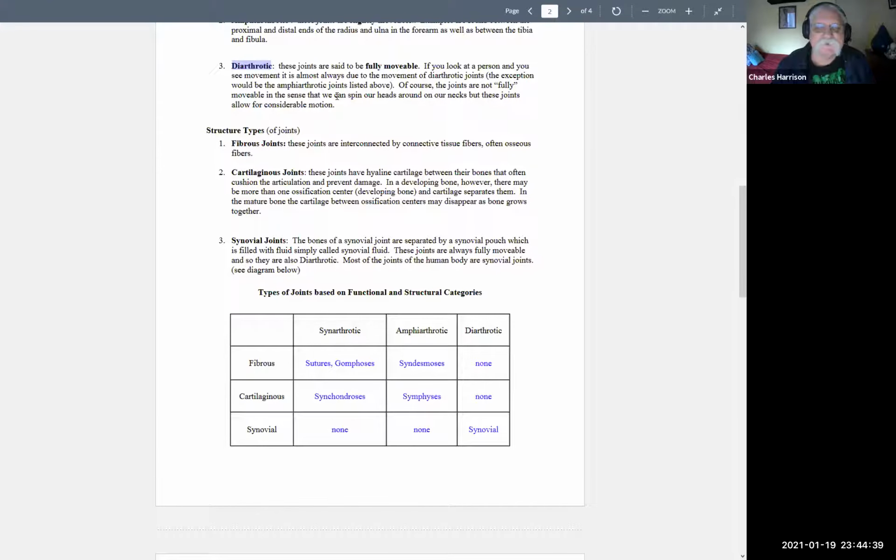Does anybody know or want to make a guess as to how many milliliters or cc's of fluid brace the femur and the tibia and fill the synovial pouch? How much fluid is there in your knee?